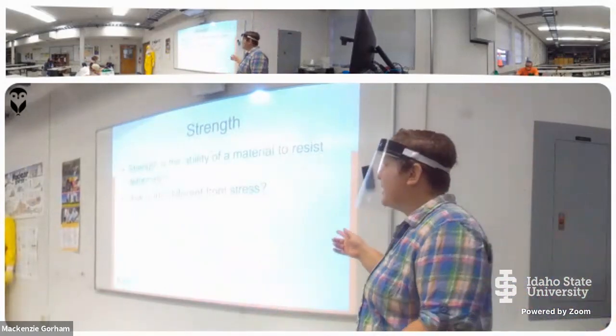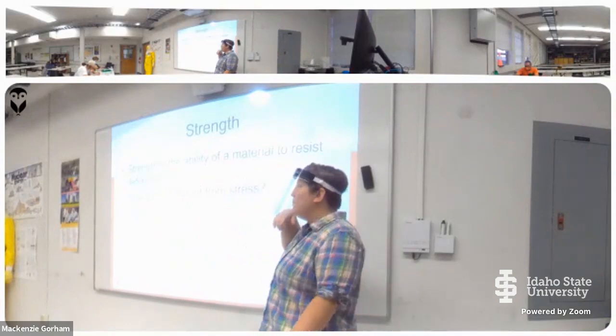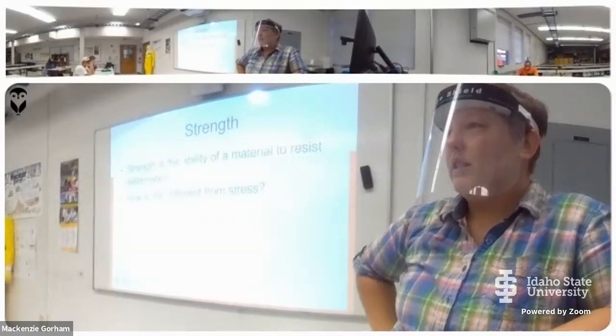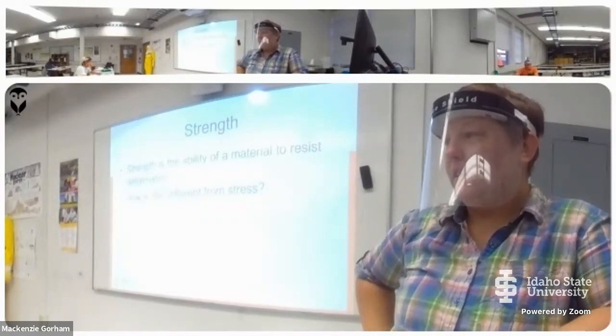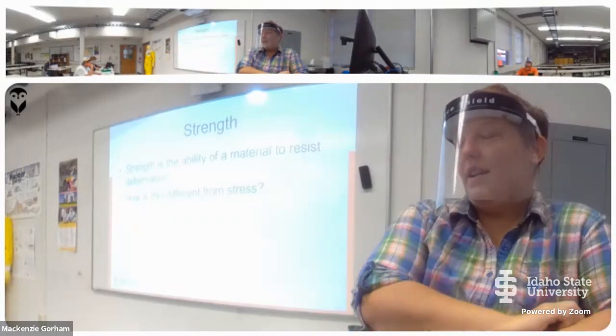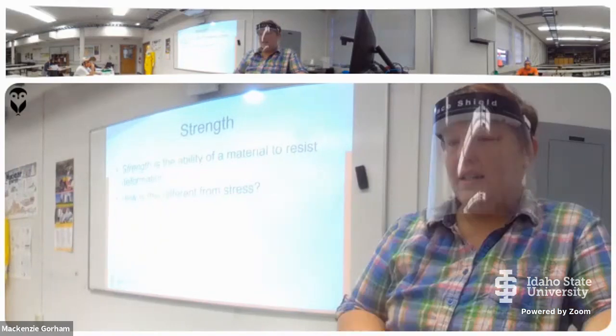Strength is the ability of a material to resist deformation. From Wednesday, who remembers what the definition of stress was? Stress, it's a force applied. That would be the strain. Internal resistance.